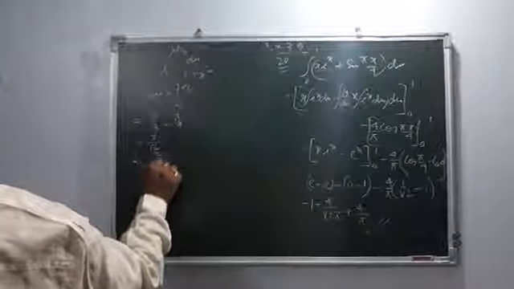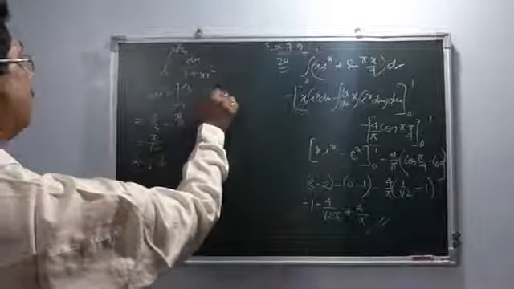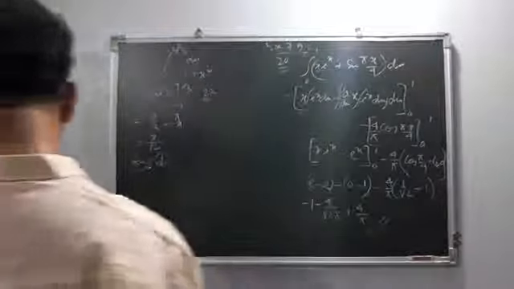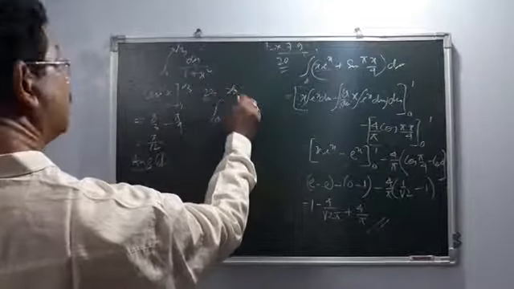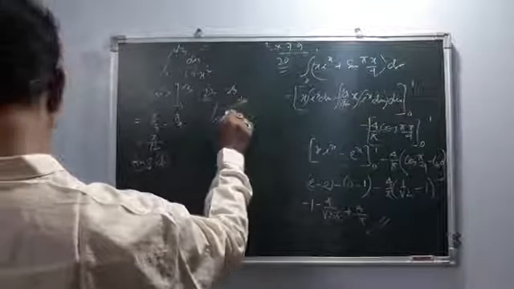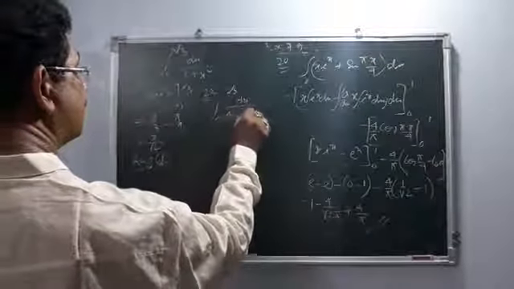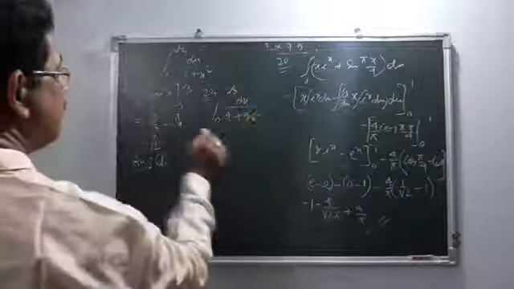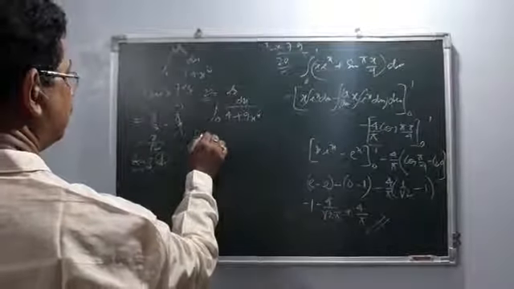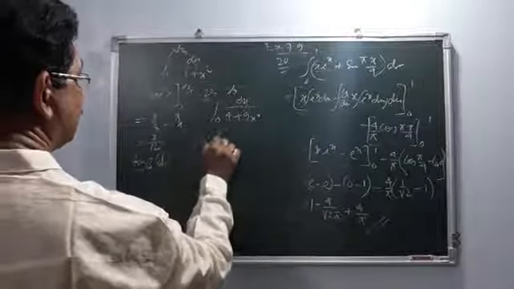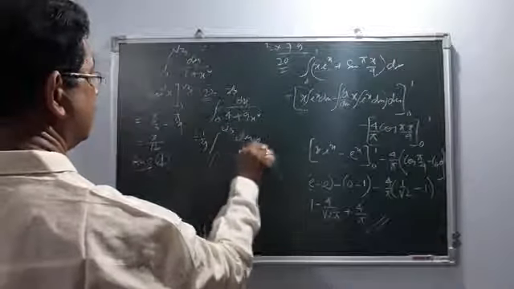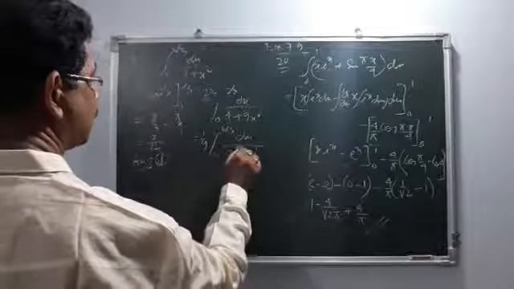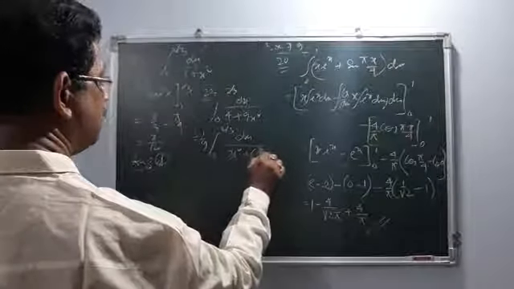Now 22: integration 0 to 2 by 3 of dx by (4 plus 9x square). If I take 9 common, then dx by (x square plus (2 by 3) whole square).